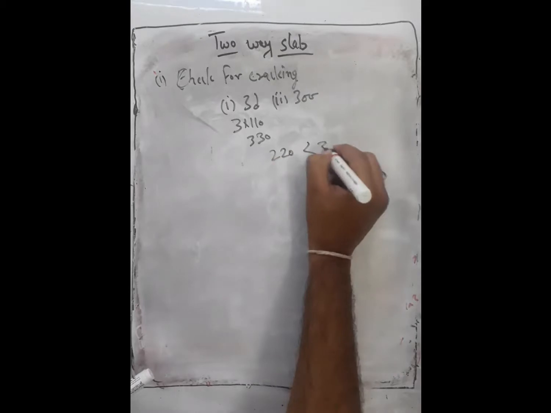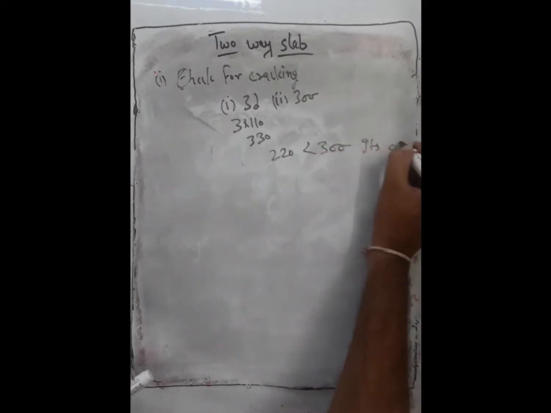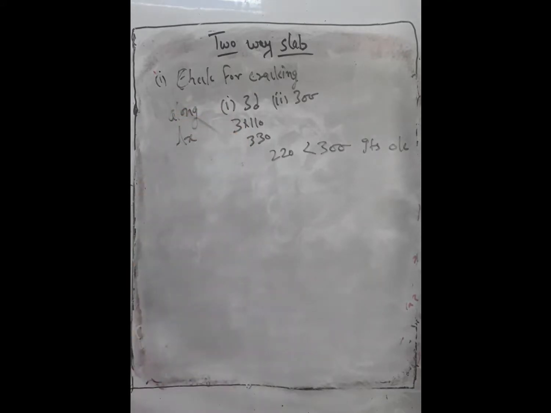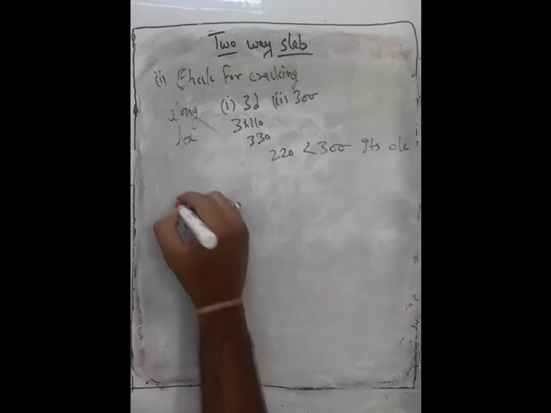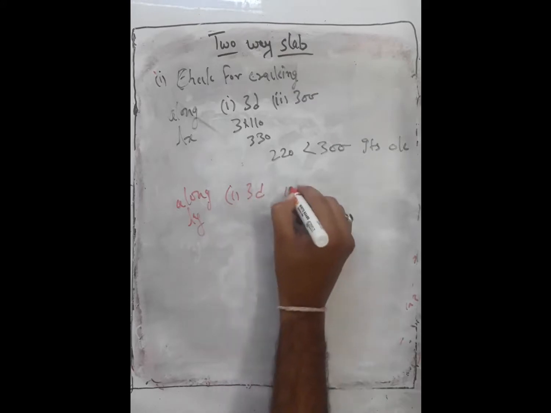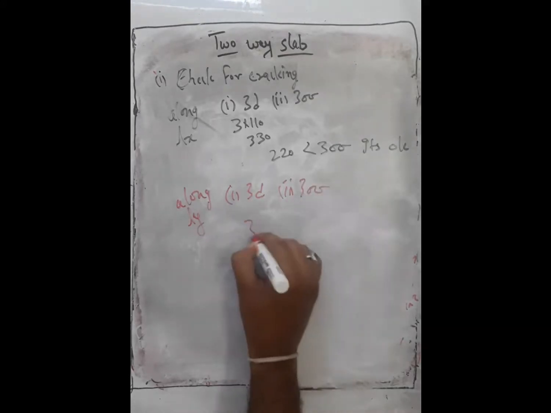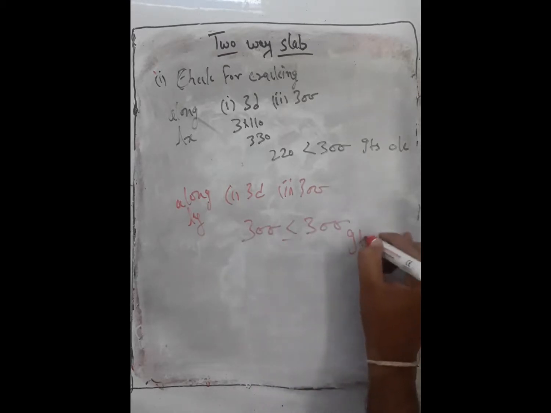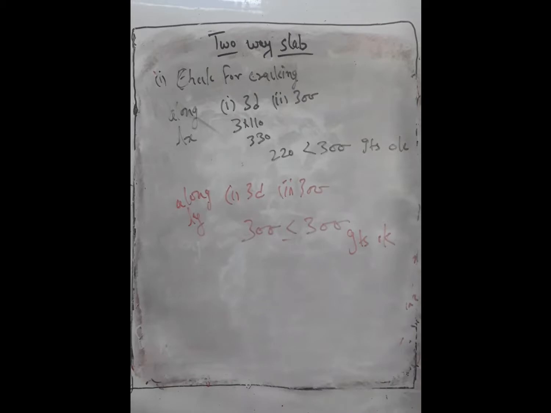So 220 is less than 300, it's okay. This is along Lx. Now along Ly, in the same way you find 3d and 300, and you provided 300, and this is less than or equal to 300, so it's okay. This is okay for cracking.